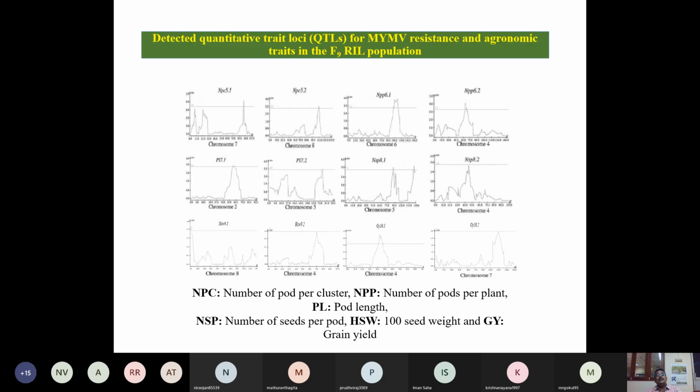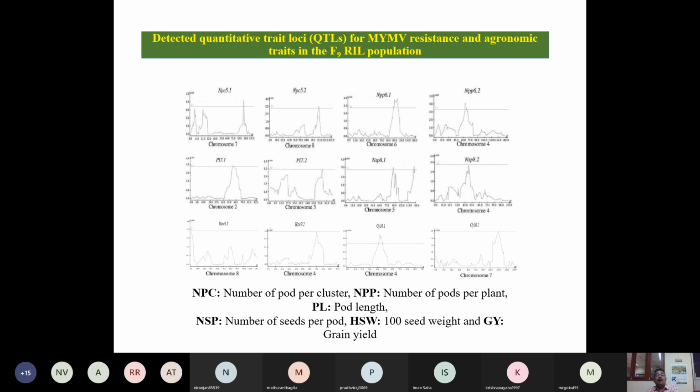The QTL maps are generated not only for MYMV but also for other agronomic traits using QTL Cartographer. Then, by the nature of the peak and the LOD value, you can decide which are the major QTLs and which is the flanking marker for the QTL region.